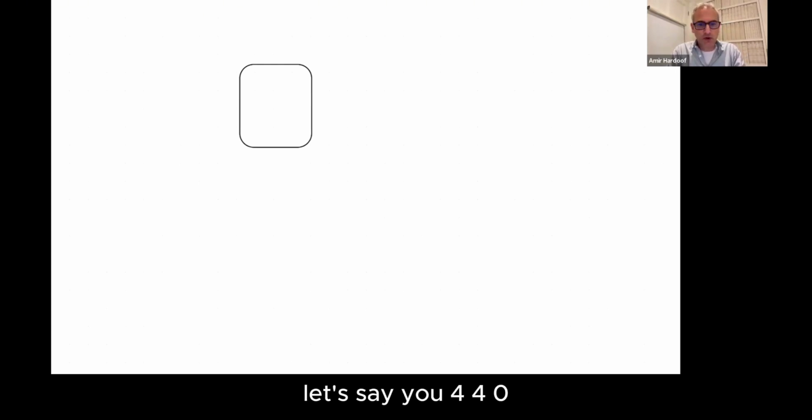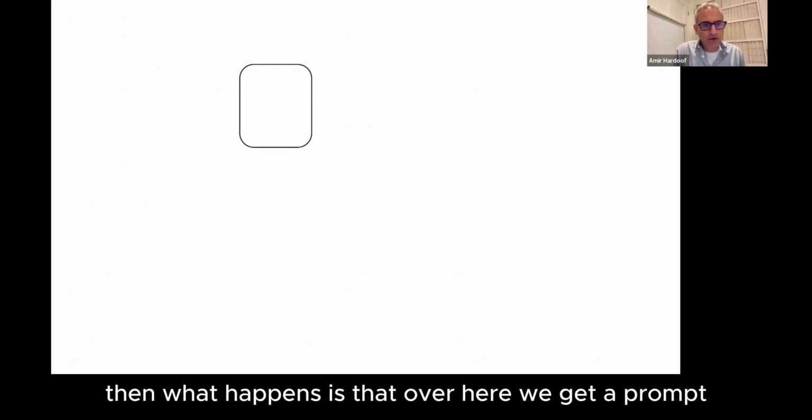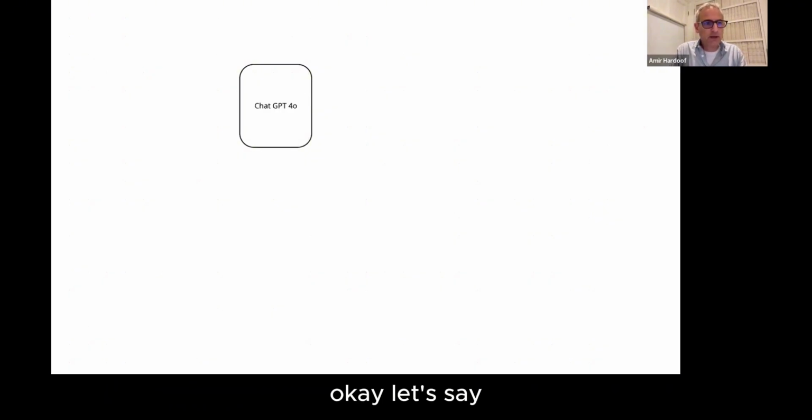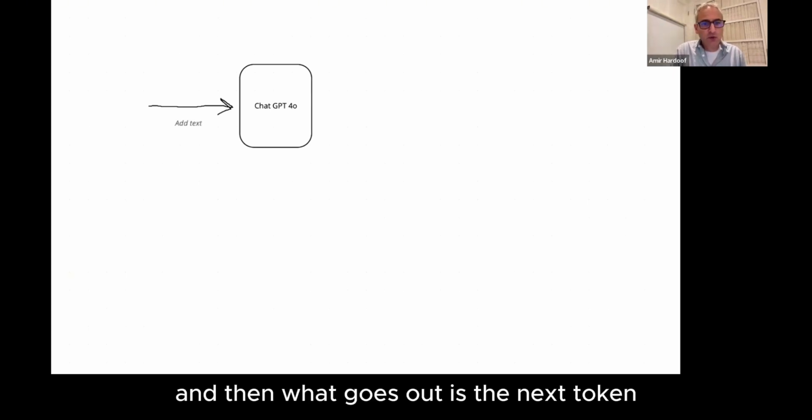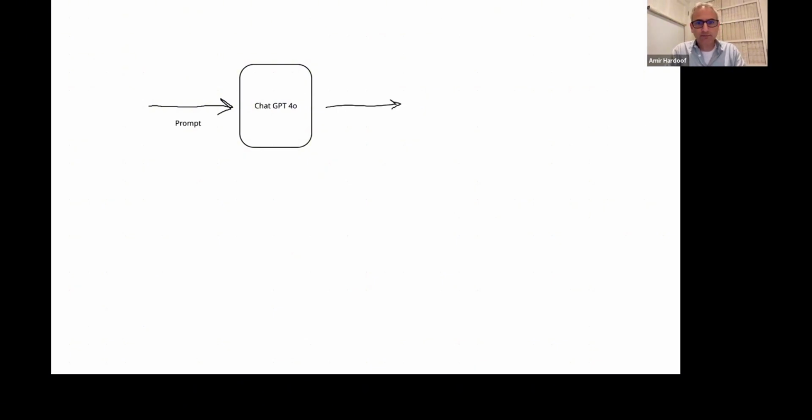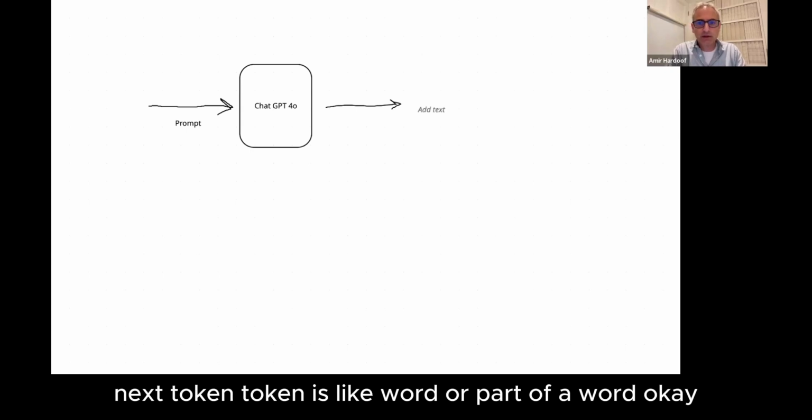So if this is ChatGPT, let's say 4.0, then what happens is that over here we get a prompt. Let's type this out instead of writing it. Prompt, and then what goes out is the next token. Token is like a word or part of a word.